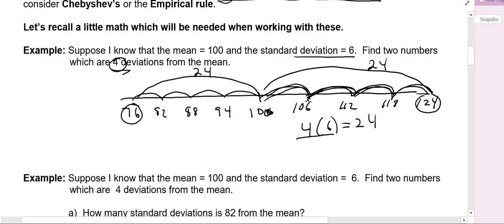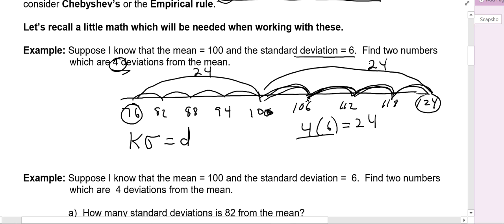And so we're going to get an important relationship, and I'm going to give it to you right now. K represents the number of standard deviations. Sigma, we know, represents standard deviation. And we're going to let D represent distance.